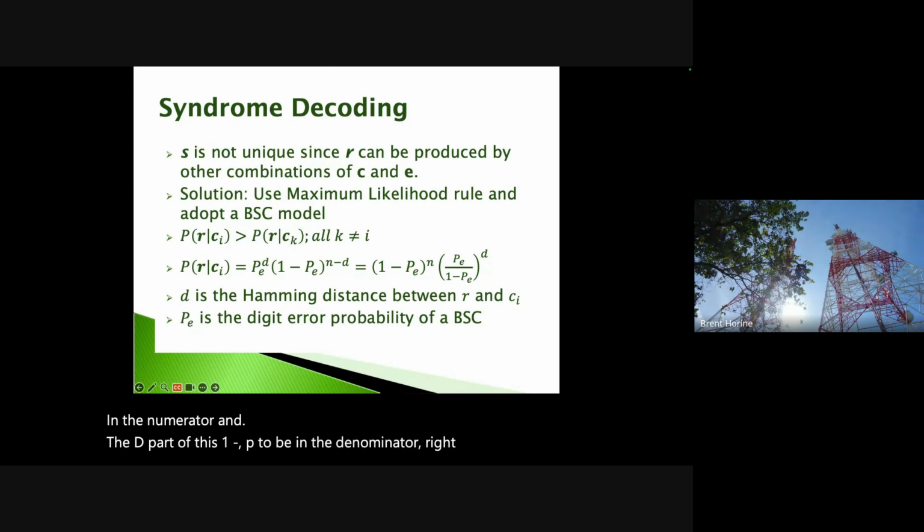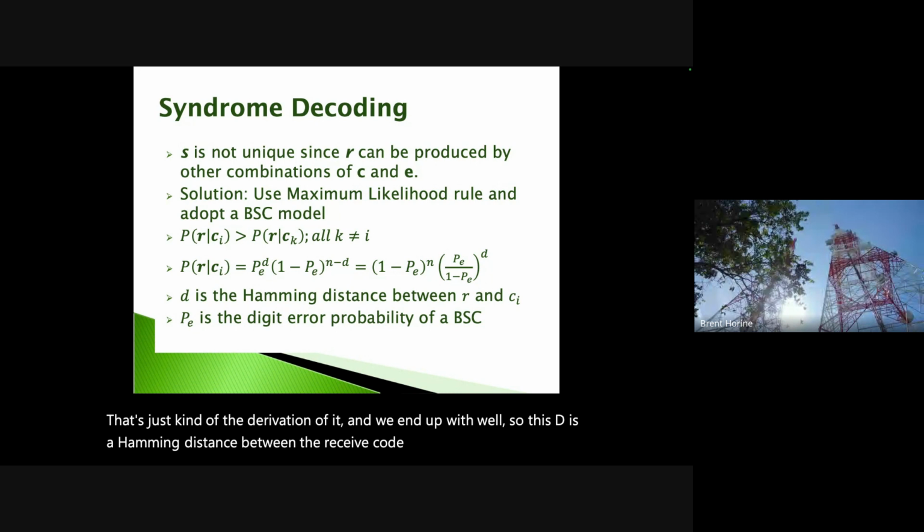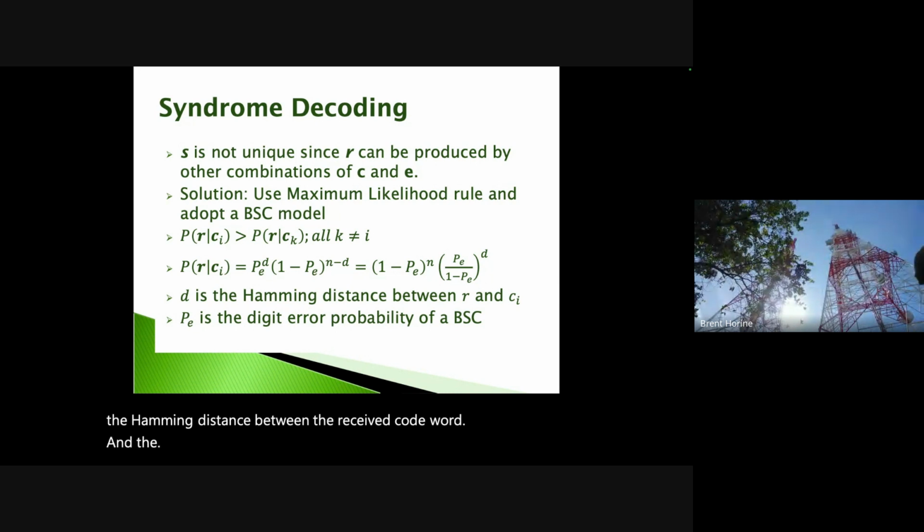So that's just the derivation of it. This d is the Hamming distance between the received code word and the transmitted code word, and this p sub b is the digit error probability of this binary symmetric channel.